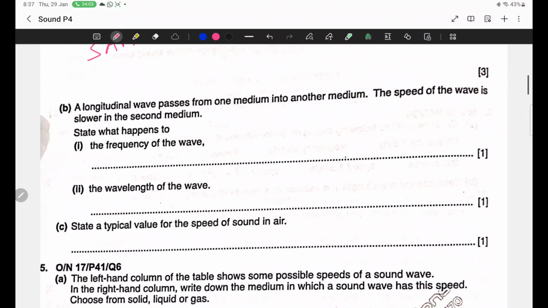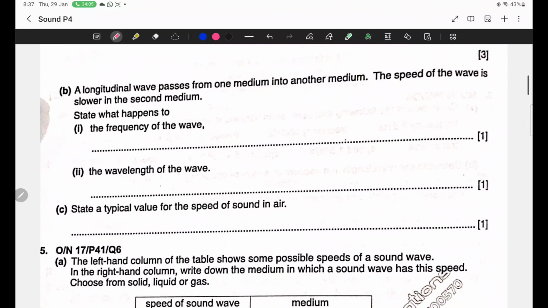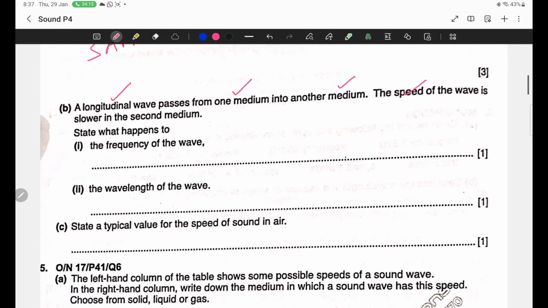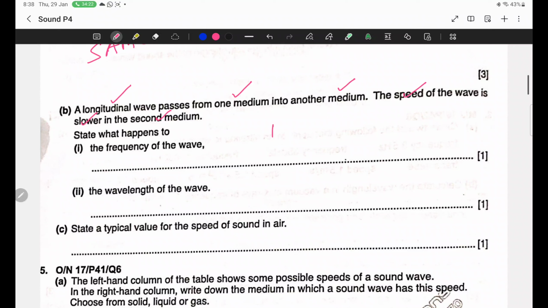And now the B part. A longitudinal wave passes from one medium into another medium. The speed of sound is slower in the second medium. So what does it mean? I'm giving you an example. For example, this is a swimming pool.